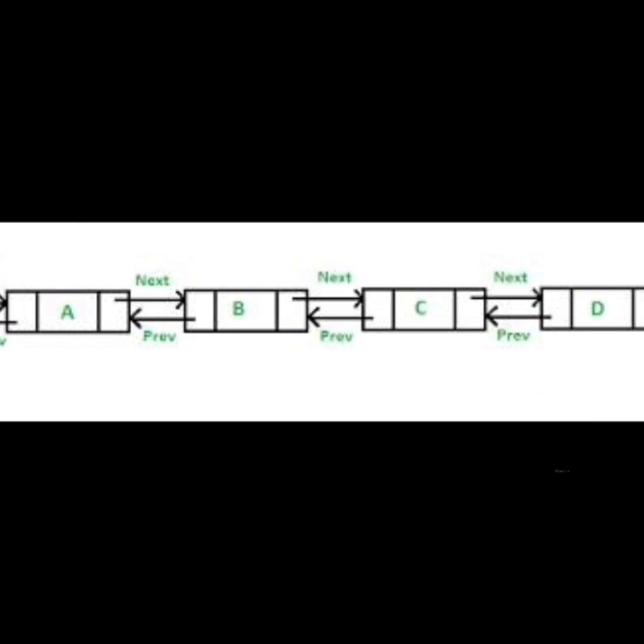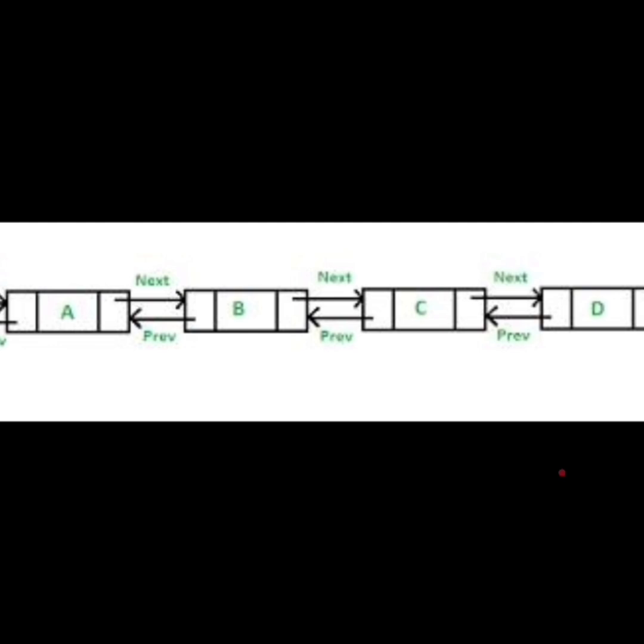But here A consists of one data part and 2 next parts. That means one to B and one to the head part, that is the next one and the previous one.